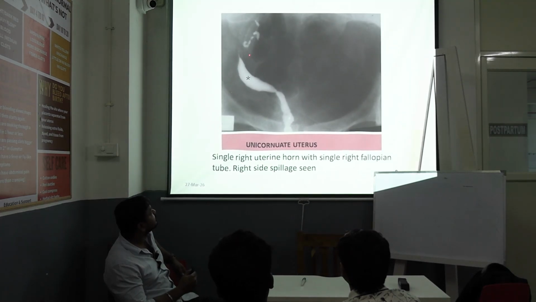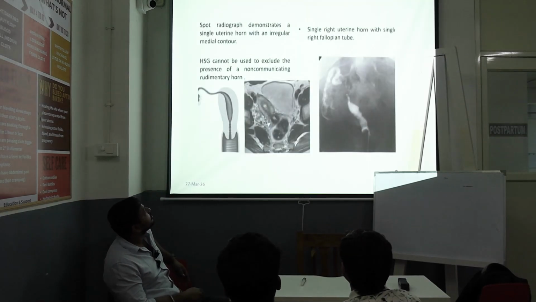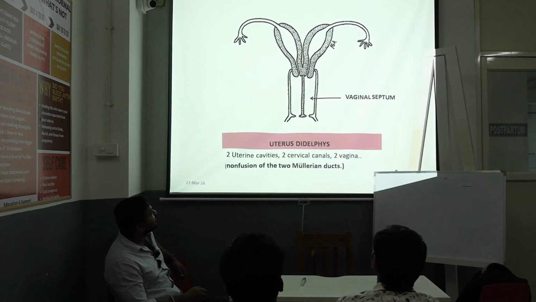Unicornuate uterus again, see there is spillage, right side horn is there, right side spillage is there. This is also unicornuate uterus.